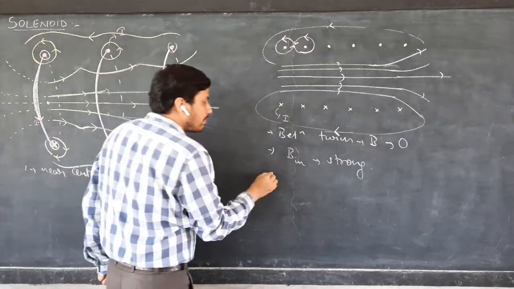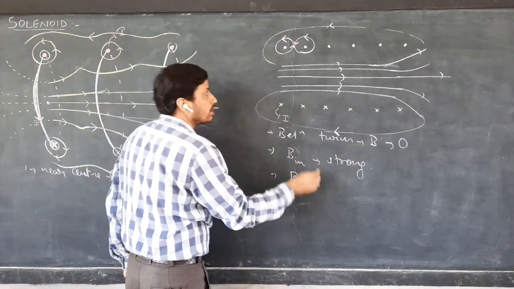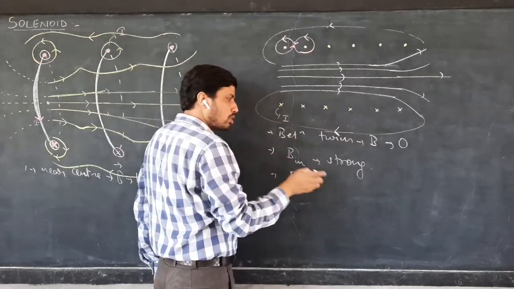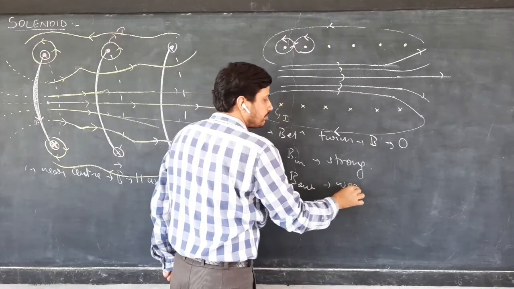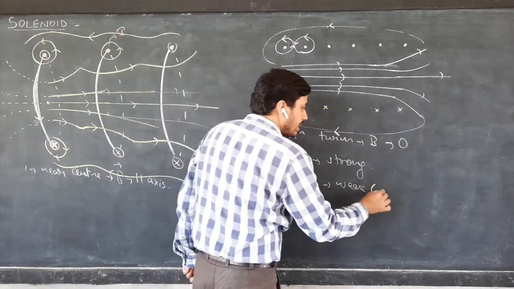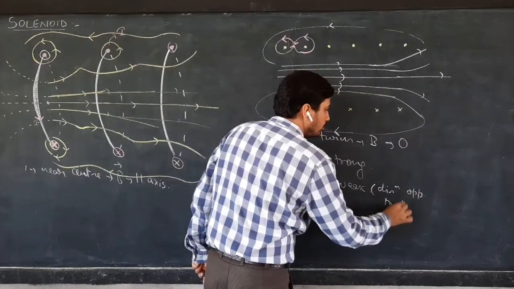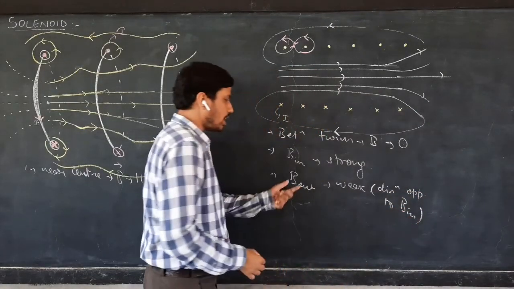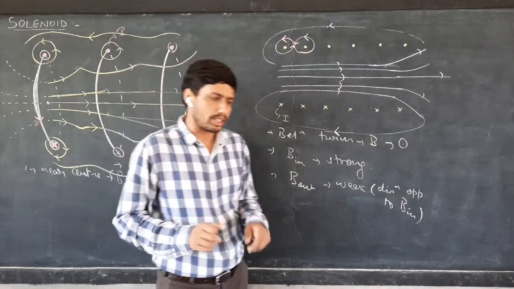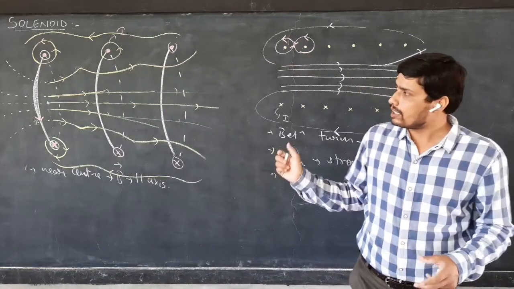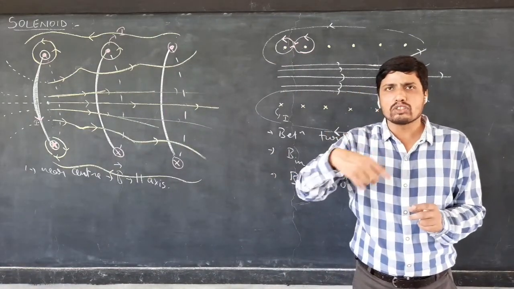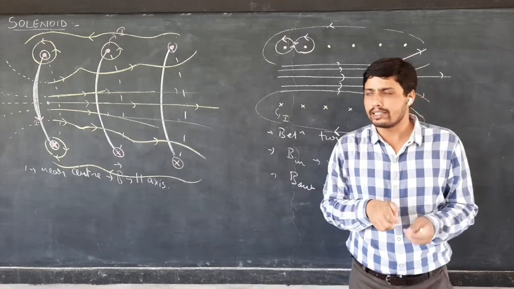But the magnetic field outside the solenoid will be in opposite direction, no doubt, but it will be weak. The directions of B out and B in are opposite. These are the things for a tightly wrapped solenoid which has a finite length.